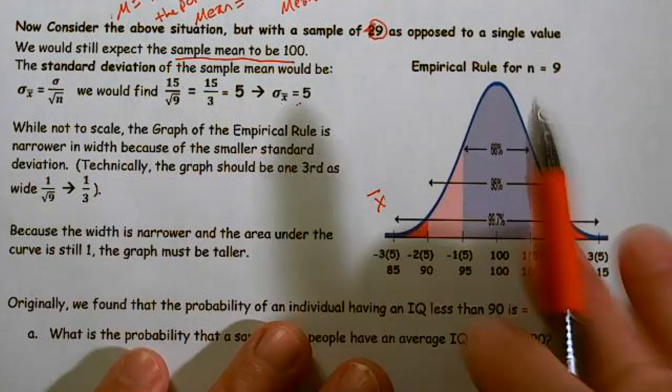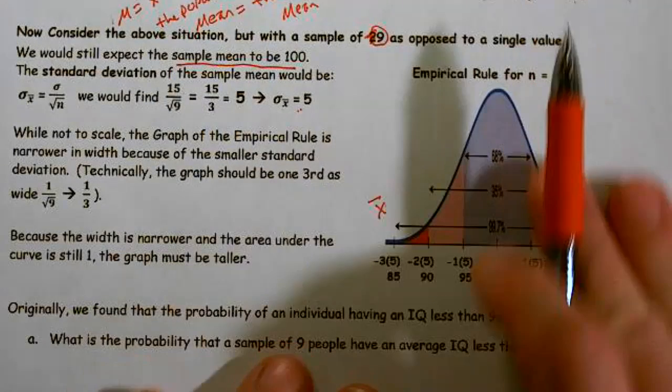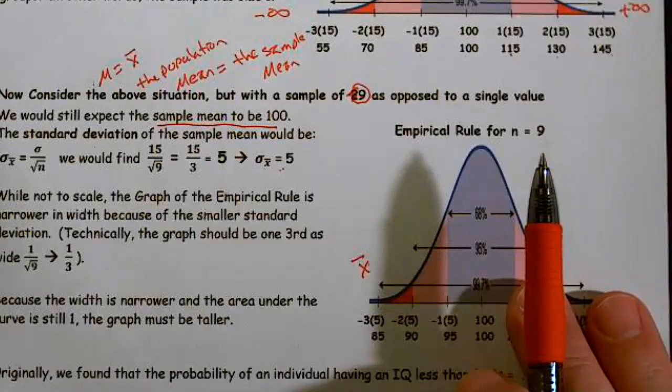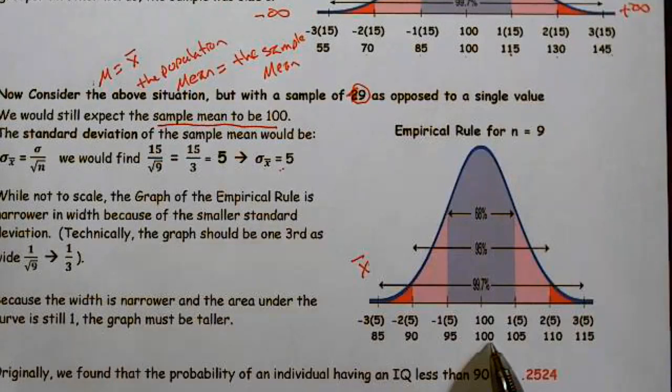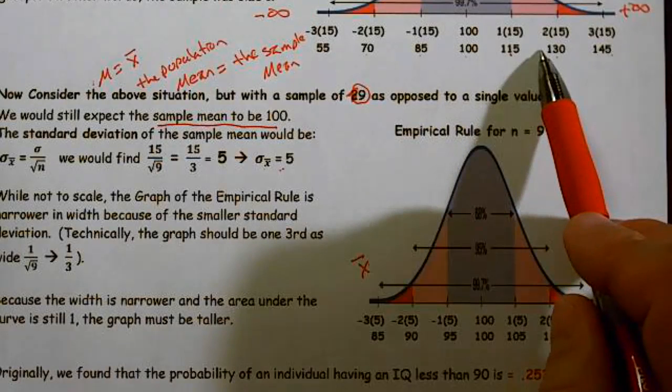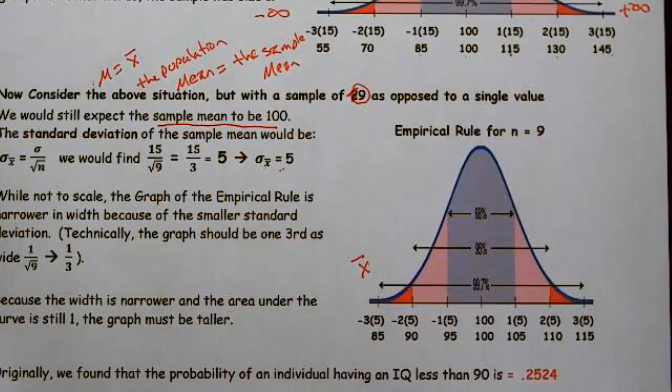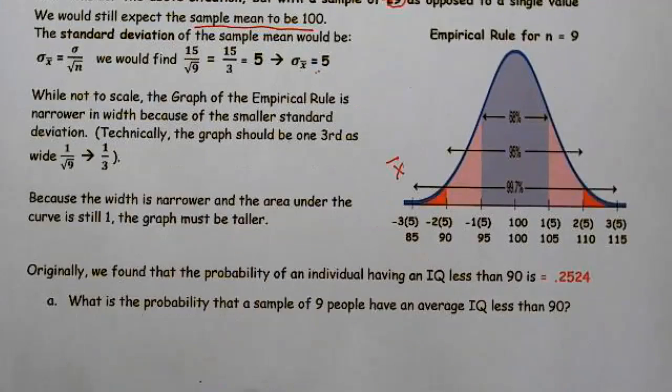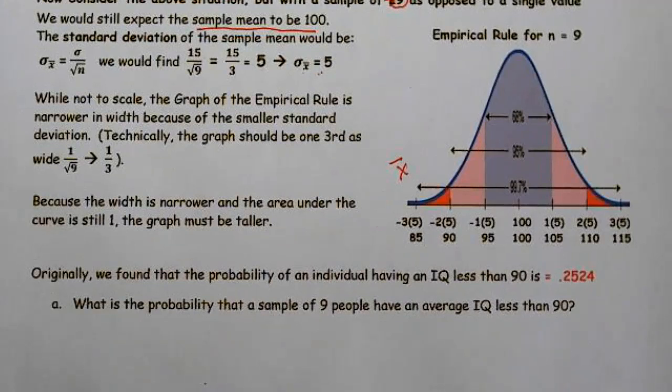So now instead of going from 100 to 115, we're going from 100 to 105. So we're counting by 5s. Up here, our standard deviation was 15, and we're counting by 15. The area under the curve still stays the same at 1.